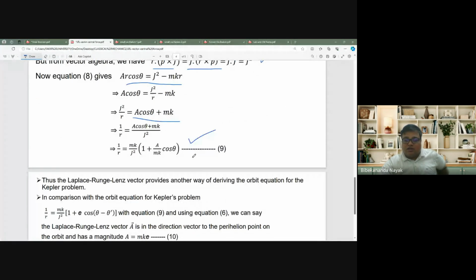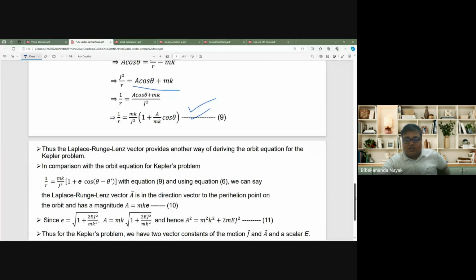So it is the general form with eccentricity. This is another way to derive Kepler's first law. Comparing with the orbit of Kepler's problem, we have 1 by r is equal to mk by J squared times (1 plus e cos theta), where e is the eccentricity.